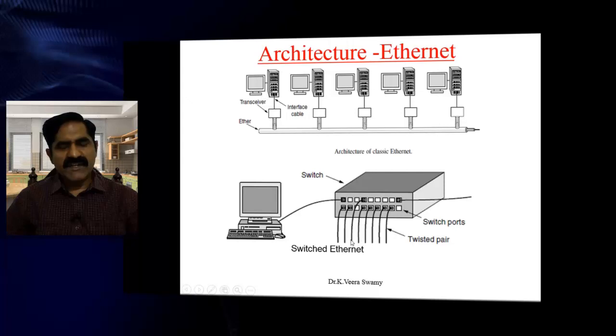Coming to switched Ethernet, in last classes I have shown a switch, basically a 24 port switch, and twisted pair, category 6, probably in the VLSI lab, I hope. This type of environment we call switched Ethernet. Nowadays all LANs we are using are with this type of technology, that is, switched Ethernet technology.